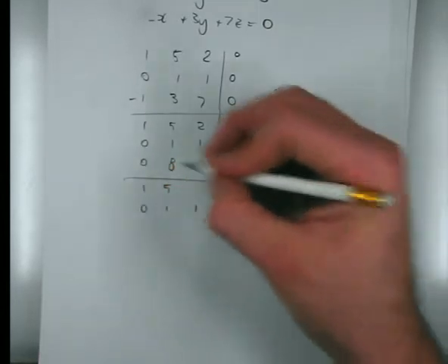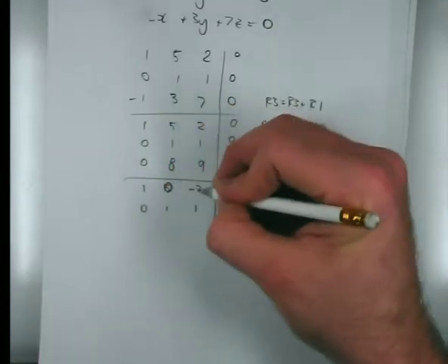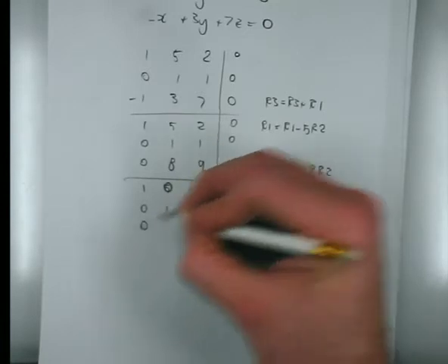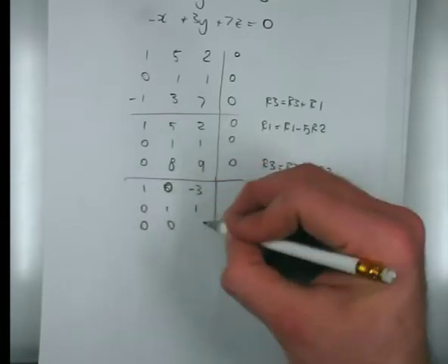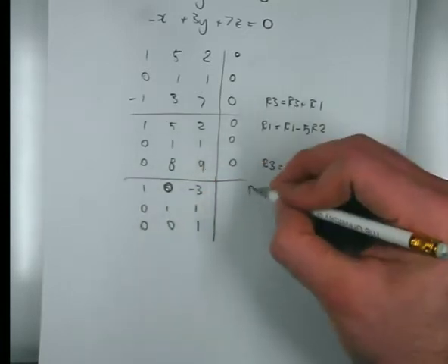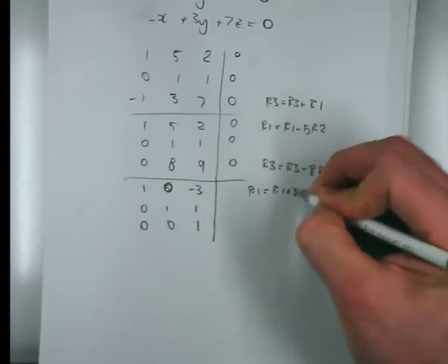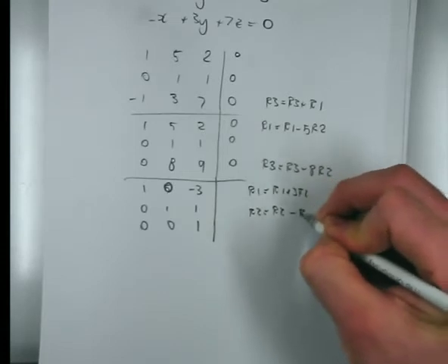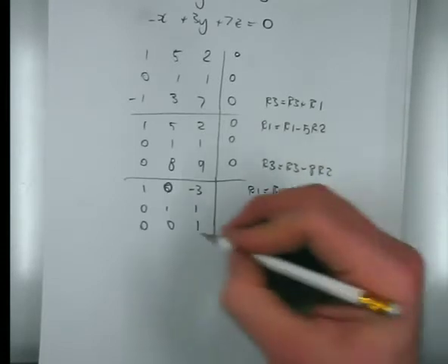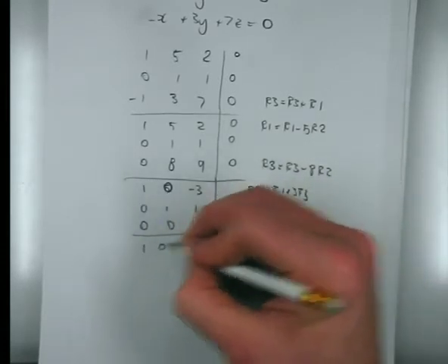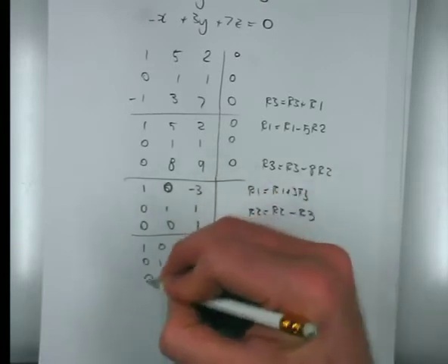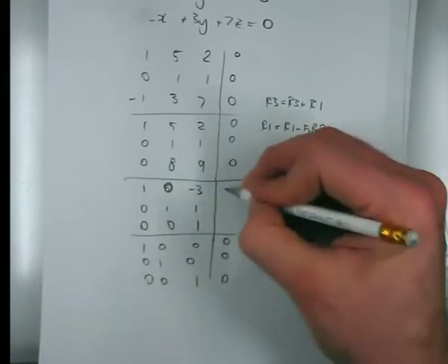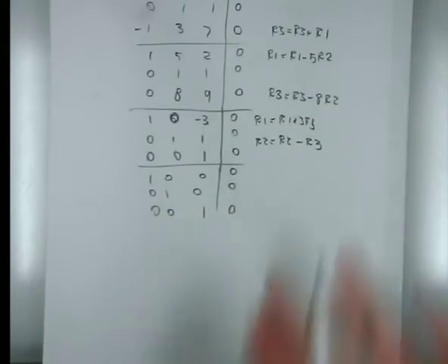I didn't change that one. That became a 0, that became minus 3. 0, 0, 1. And then row 1 is row 1 plus 3 of row 2. And row 2 is row 2 minus row 3, sorry. And ta-da! Unique solution. Okay?